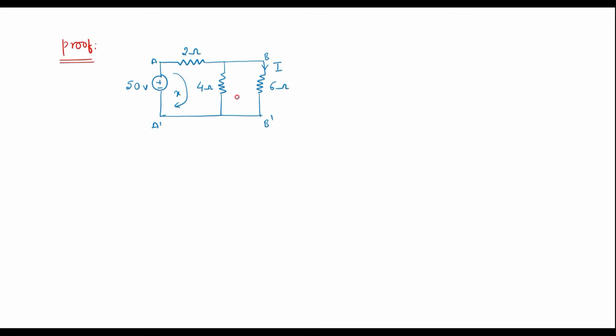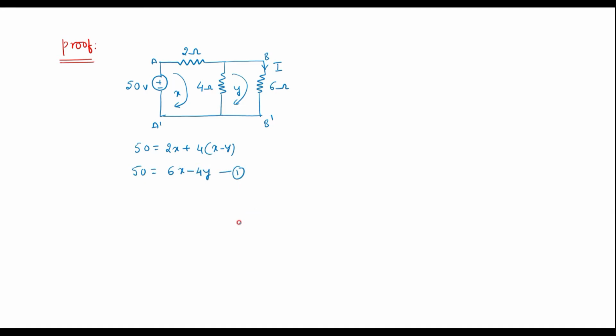Let current through this loop is X and current through this loop is Y. Now applying KVL to loop X, I can write 50 is equal to 2X plus voltage across 4 ohm resistor is 4 into X minus Y, that is 50 is equal to 6X minus 4Y.